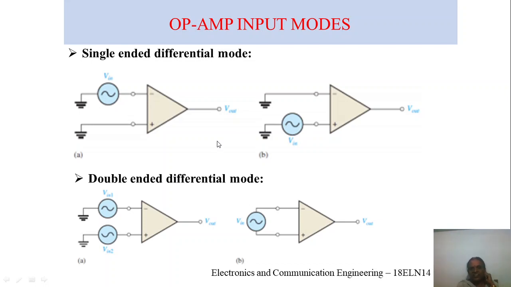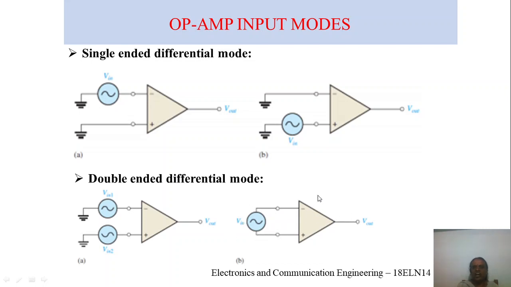In the double-ended differential mode, both the ends are given a signal. When the signal is given to both and we have the same voltage level, say V1 and V2 kept the same, then I can join this. The positive goes here, the positive goes here, the negative can be grounded.